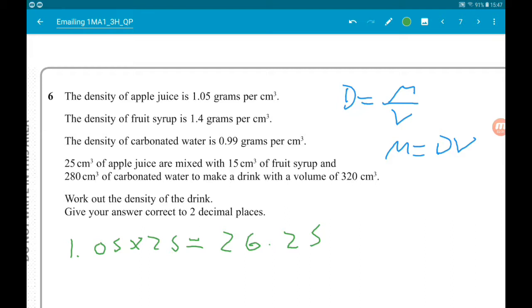Now that's a mass, so that's grams. The fruit syrup, for that we're gonna do 15 times 1.4. That gives us 21 grams.